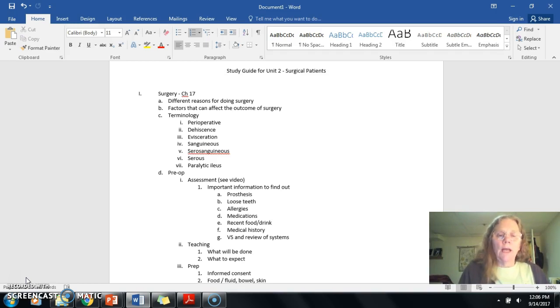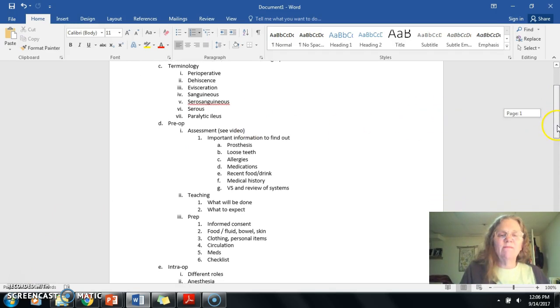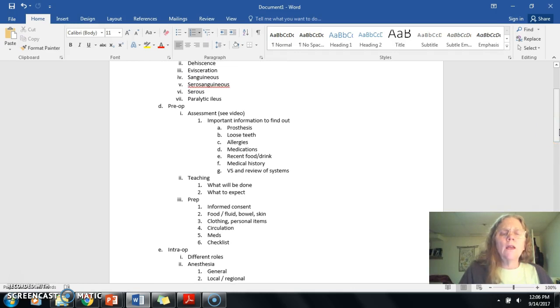Looking at the book, some of the important aspects of this period related to assessment are determining whether or not there are any prosthesis, any loose teeth, any allergies, of course medications always, recent food or drink, what their medical history is, what their current vital signs are, and doing a head-to-toe assessment and assessing each of the systems.